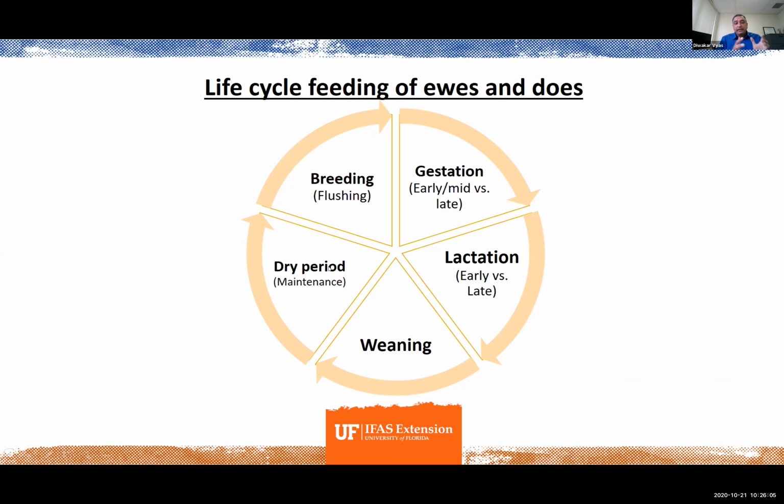Dry period is the period once the lambs are weaned and the ewe is no longer lactating. And then there's a phase where we have to prepare these animals for breeding season. So I will be covering some of the very important factors which we should consider when we are providing nutrition to these animals.